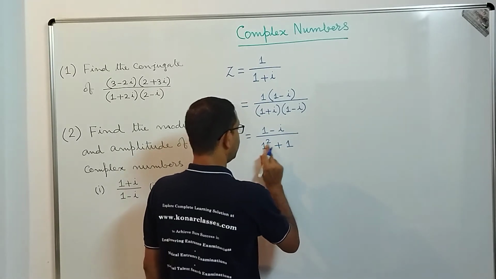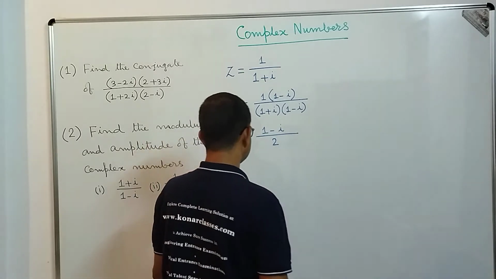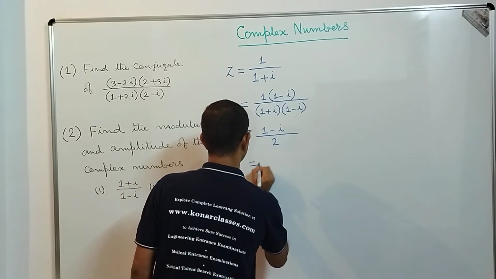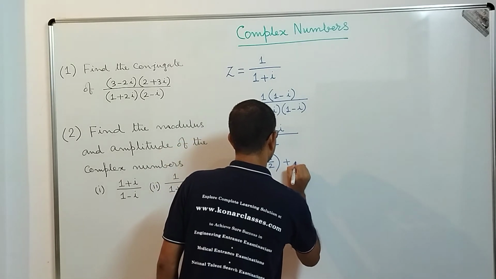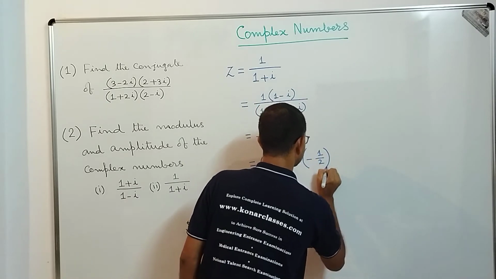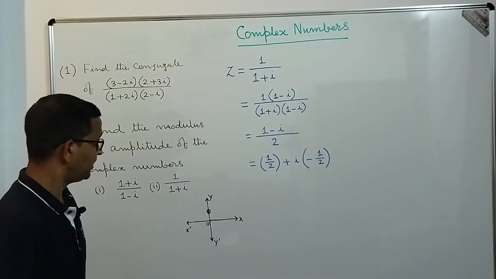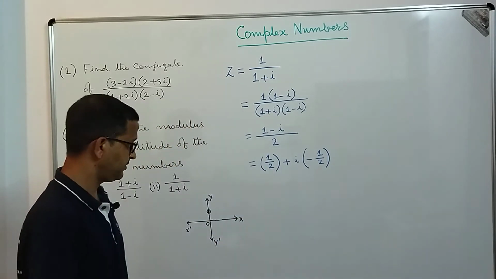Now 1 plus 1 becomes 2. So what we get here, dear students? That is equal to 1 by 2 plus i into minus 1 by 2.